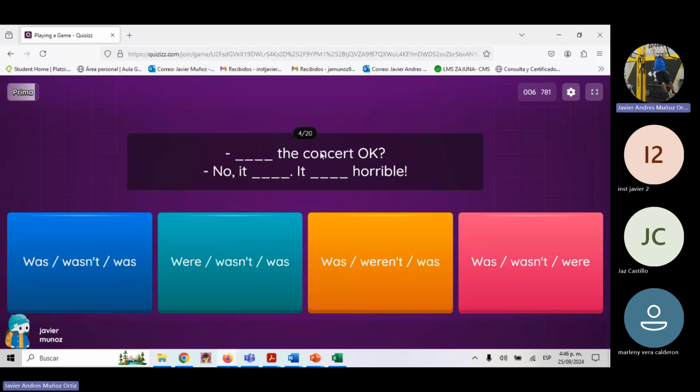Everything must be with was, right? So first option, it might be correct. Third option is not correct. And the fourth option is not correct, right? Because it would be like, no, estaban horrible, right? There is some kind of contradiction here. It's something like that. So this doesn't make any sense. Therefore, it has to be was, wasn't, and was.